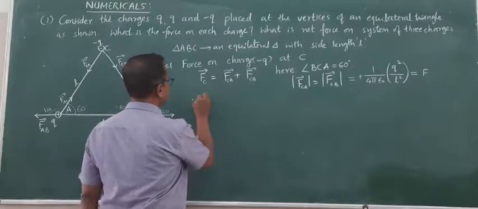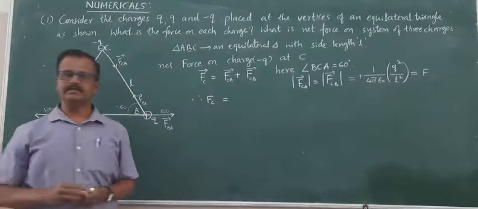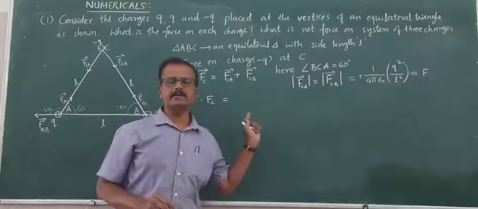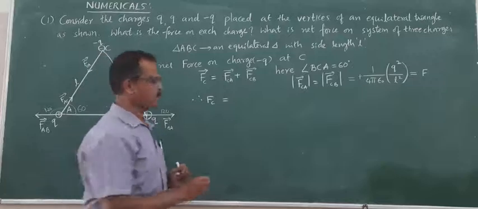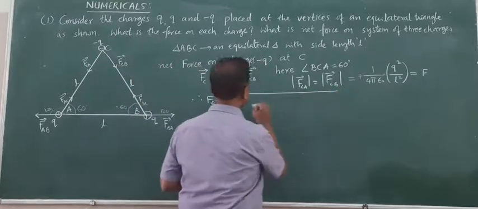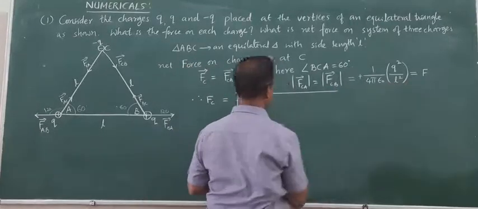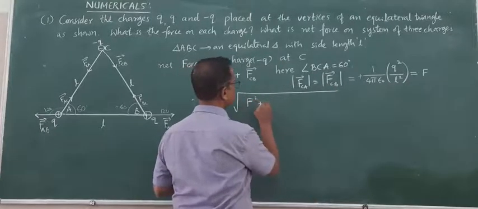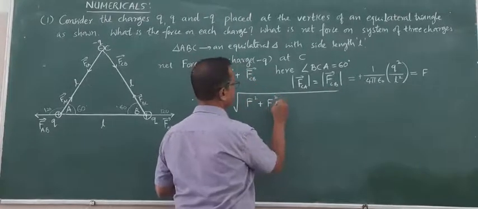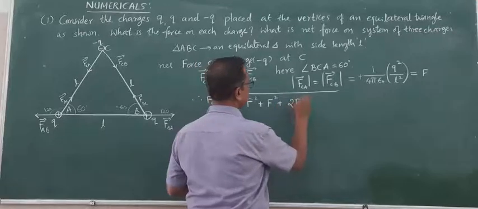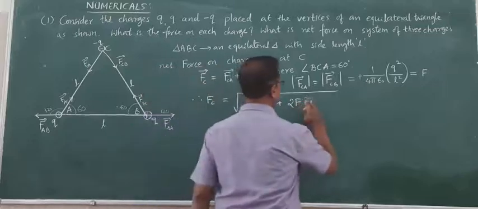Therefore, magnitude of Fc, if I write without any arrow mark, then it implies magnitude of Fc. I can calculate using cosine law. Square root of Fca square, which I have taken as F, so F square, plus Fcb square, so F square, plus 2F into F, 2F into F becomes 2F square.